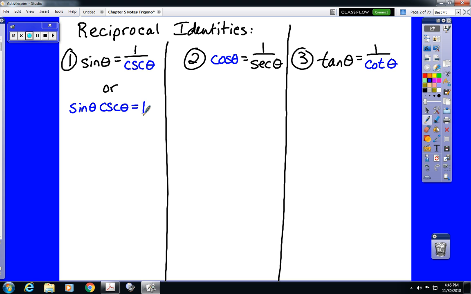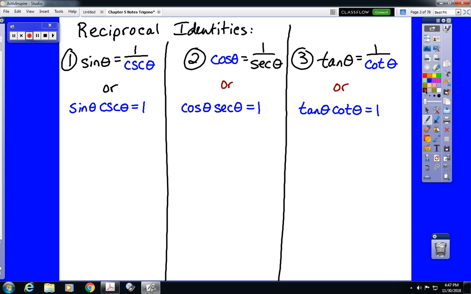We could do the exact same thing with these other two equations. We could multiply both sides by secant theta in the second one, which would give us cosine times secant equals 1. We can do that with cotangent in the third equation, which would give us tangent times cotangent equals 1. And that might occasionally be useful to us.